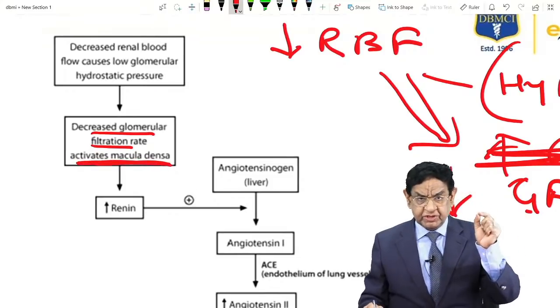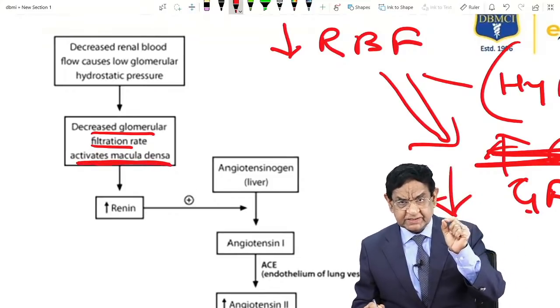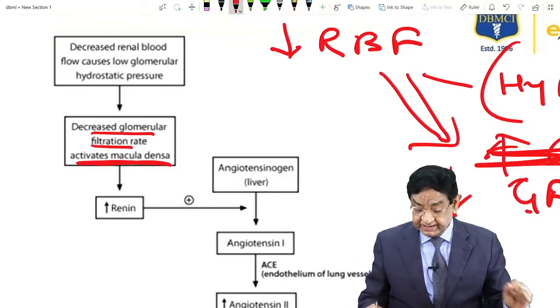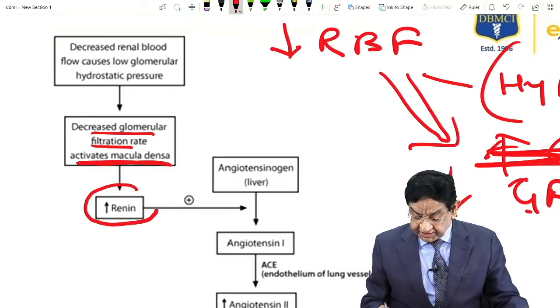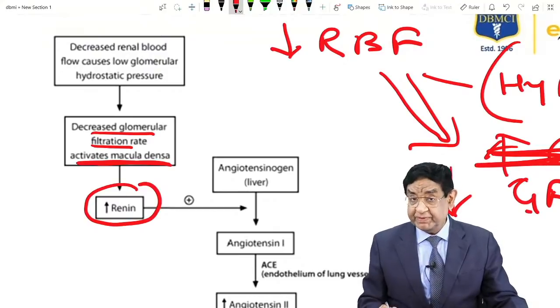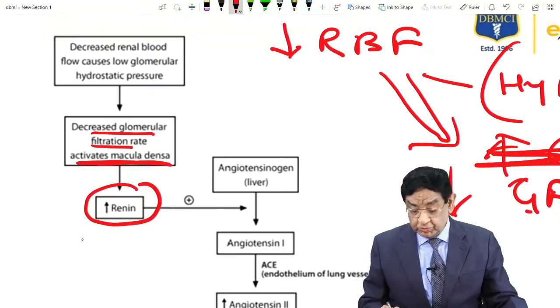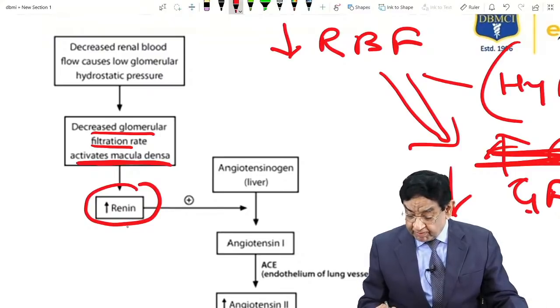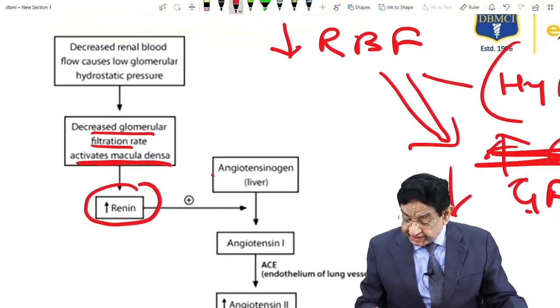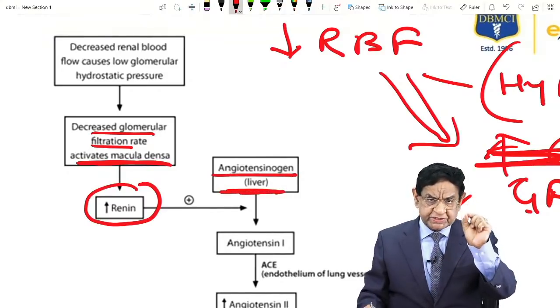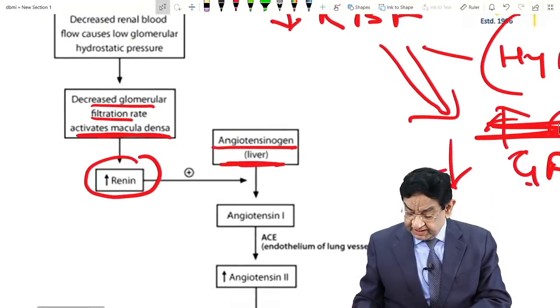In physiology, everybody knows that in macula densa, we have renin. So renin is secreted from which place? Macula densa. Now this renin will act on angiotensinogen, which comes from the liver. This is an important question from physiology.